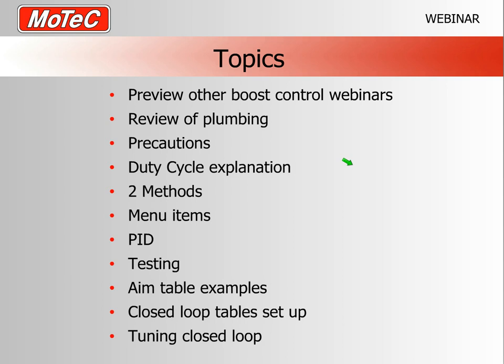We'll review the testing procedures. Not much different when it comes to closed loop. Same kind of procedure. Go through the aim table examples and the closed loop tables, some examples of how to fill those out with some real numbers, and finalise with some closed loop tuning.